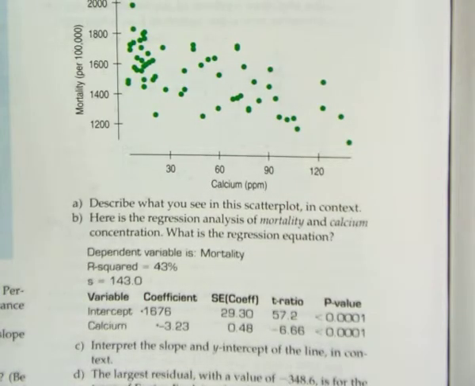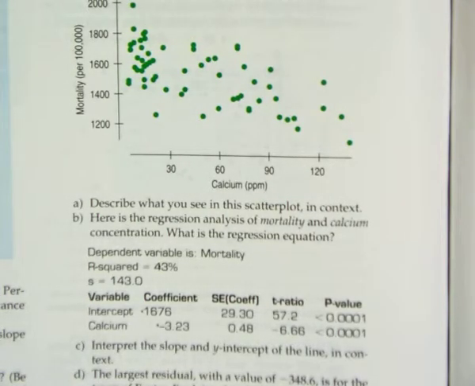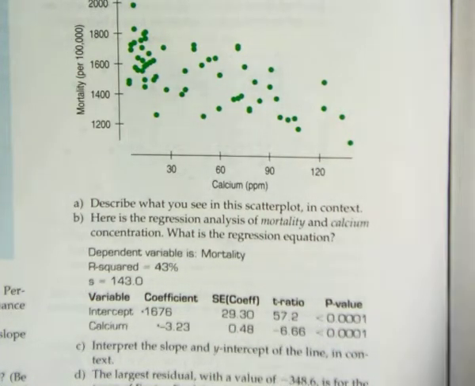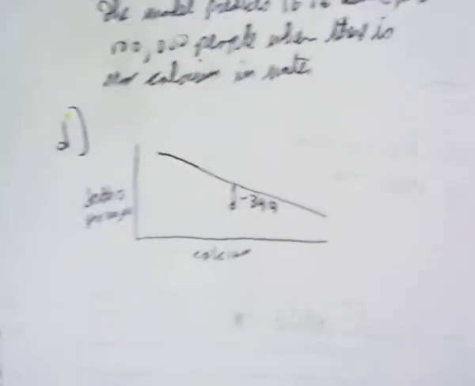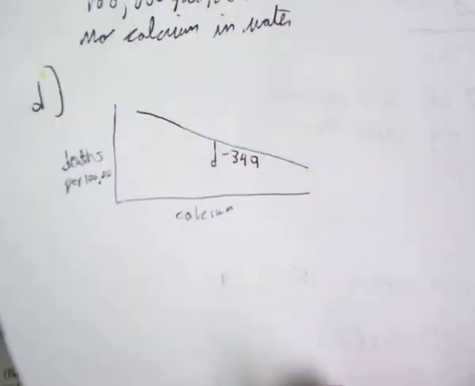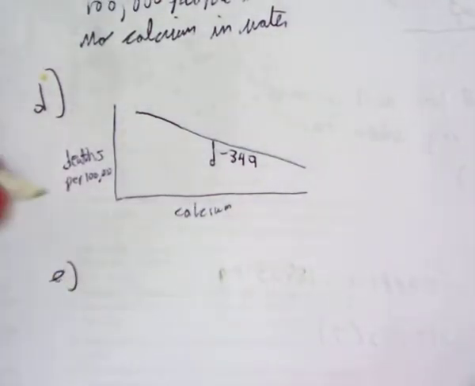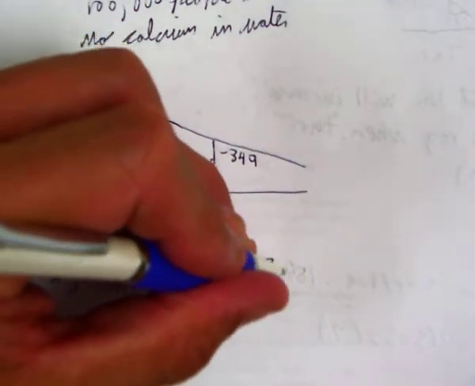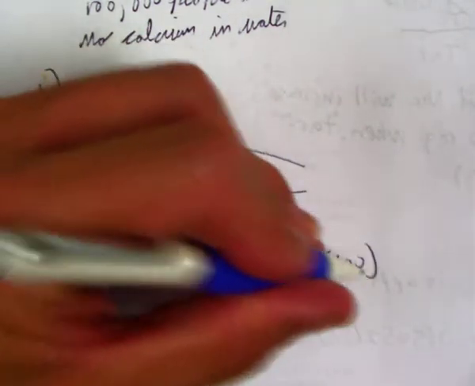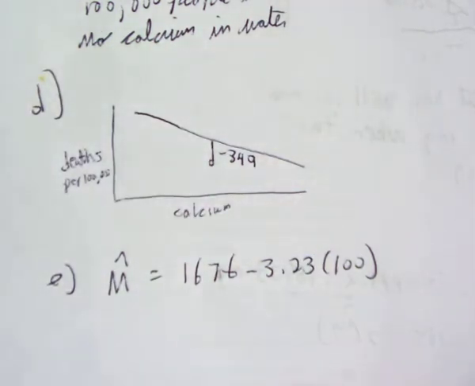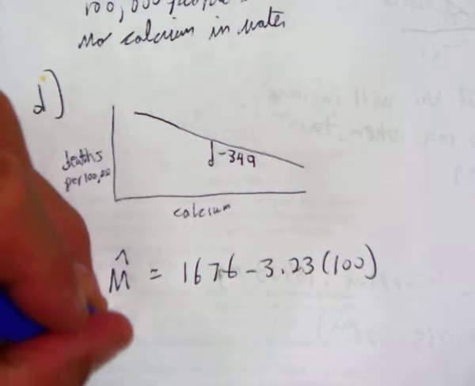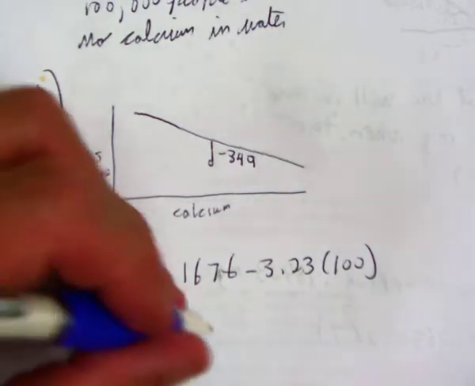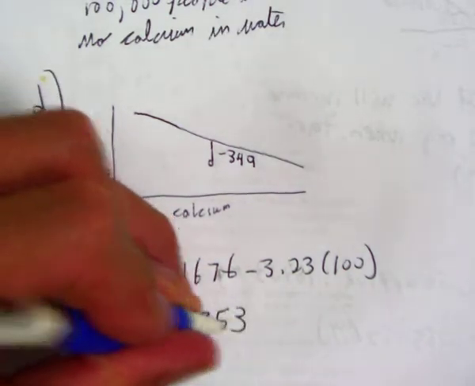And then we go to E. The hardness of Derby's water is 100 parts per million. Let's predict the mortality rate. So predicted mortality equals 1,676 minus 3.23 times 100. If we do that out, we're going to get 1,353.